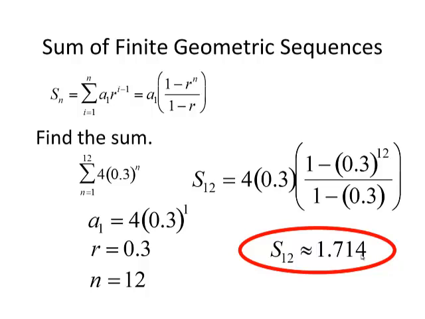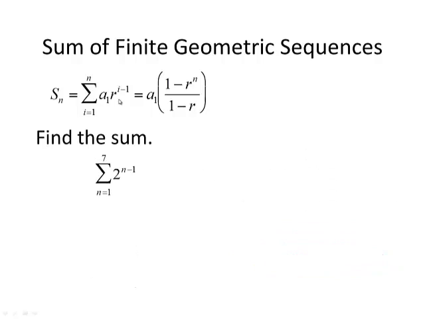Alright, let's try this again. Remember that you're going to be using this formula, and you're going to be picking off the pieces from here. So, given this expression, we're going to find the sum of this geometric sequence. First, we're going to find the first term, because we need the first term to use this formula. So we're going to put in 1 for n.